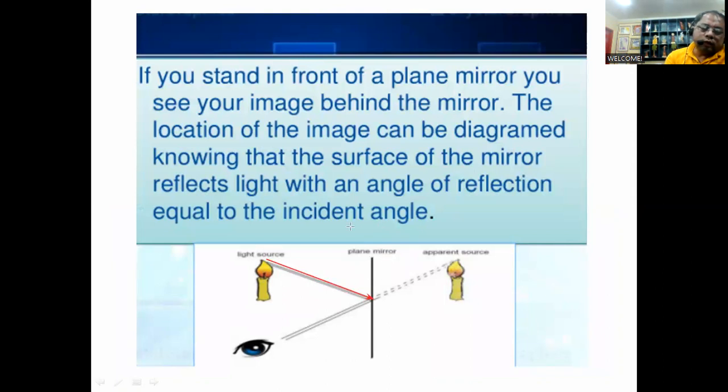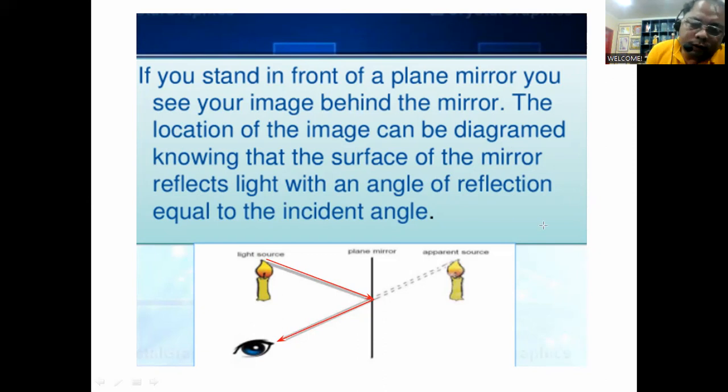Now the shiny or reflective surface of the mirror is facing or near the eye. So once it strikes this reflective surface, this light that is incident will now reflect to the human eye. So that's why you are probably able to see the lighted candle, because the reflected light now goes to your eye.